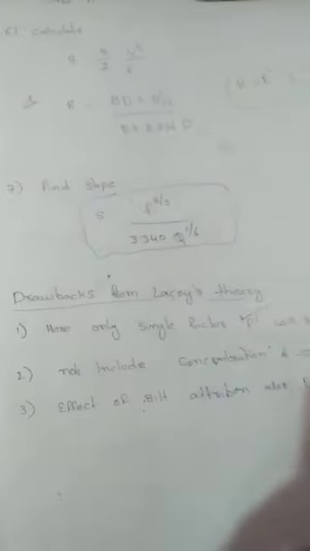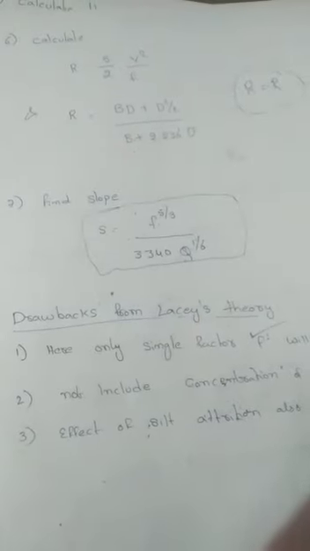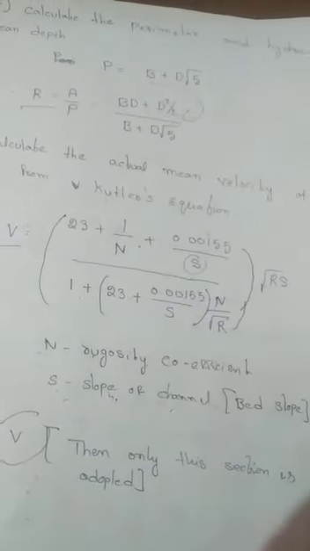These are the two different kinds of channel designs: first Kennedy's, and second Lacey's. Next, the third thing is the comparison of Kennedy's and Lacey's theory. I want to explain these by putting the two designs side by side.